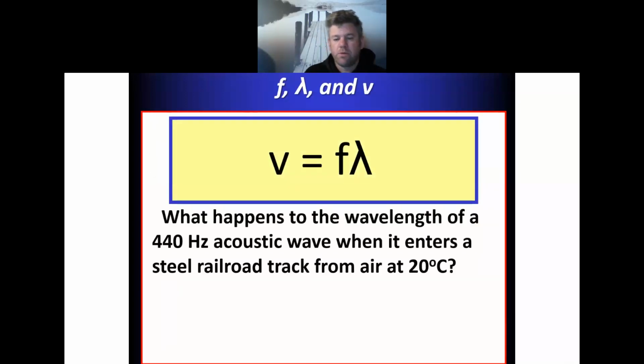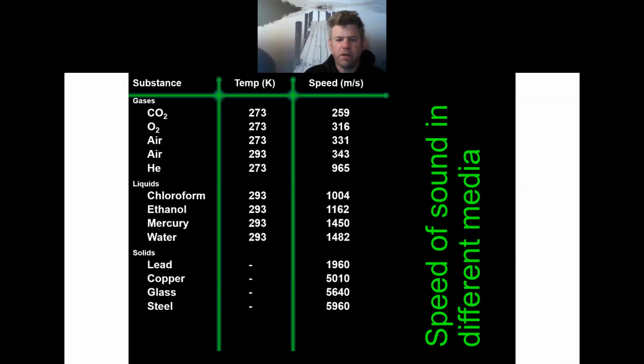Couple conceptual questions for you here. What happens to the wavelength of a 440 hertz acoustic wave when it enters a steel railroad track from air at 20 degrees Celsius? So, speed of sound in different mediums.